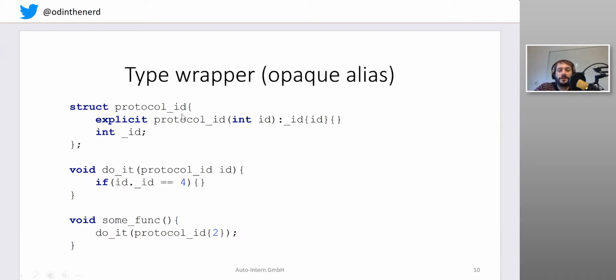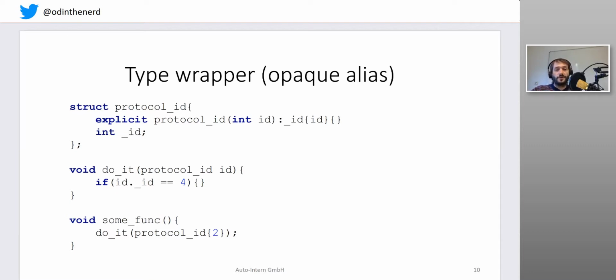By calling the constructor explicit, we tell the compiler that it shouldn't implicitly cast an int to this data structure. So we actually have to explicitly say, you see in the second to last line, we're explicitly saying protocol ID number 2, right? We can't just put a 2 in.